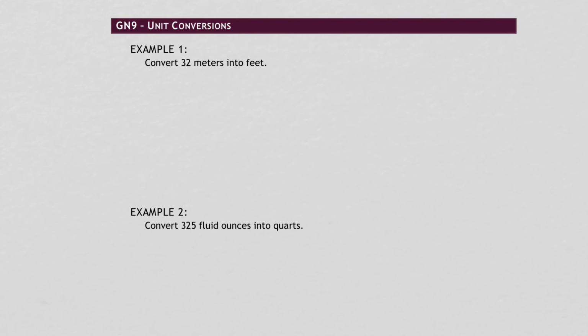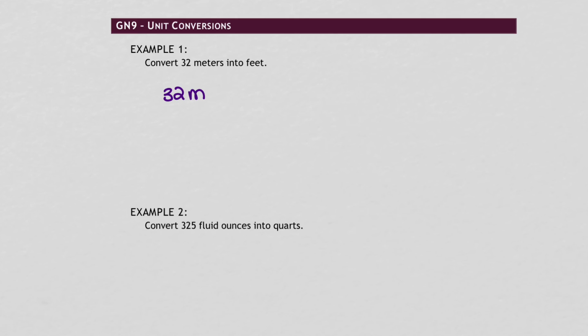The first one says convert 32 meters into feet. So we start with 32 meters, and the abbreviation for meters is M, so I'm just going to use that because I'm too lazy to write out the whole word. No, we don't have to, so we won't. And we multiply by a conversion factor.